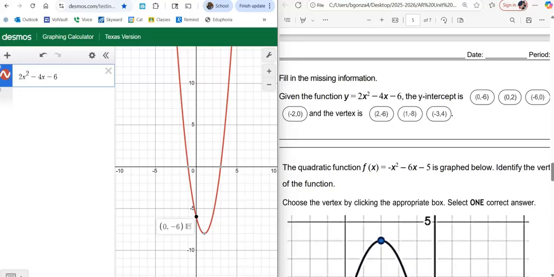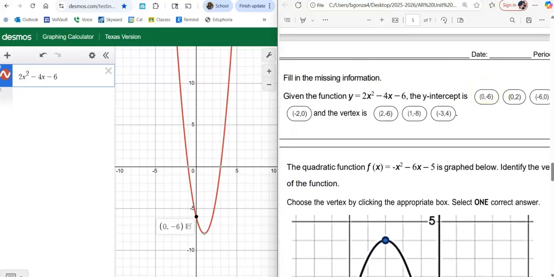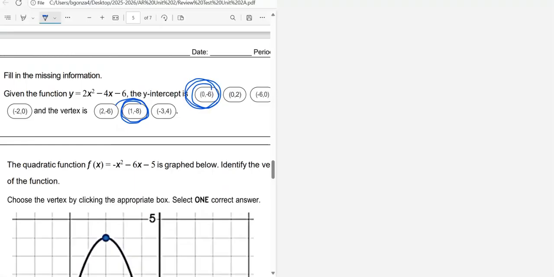So the y-intercept is (0, -6). That's good. I can see it right there. And then it says the vertex. Okay, where's that vertex? Changes direction at (1, -8). Perfect. That's it.